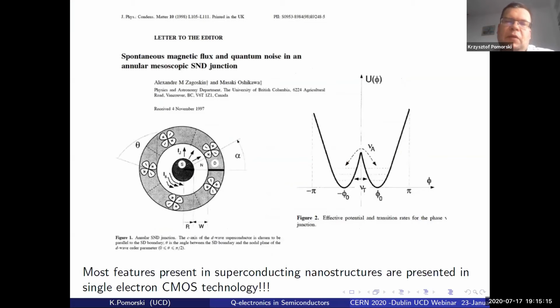We can also, and this is a very interesting case, go into a description of a Roton-based qubit. Essentially, it's a bit analogical to a superconducting qubit.